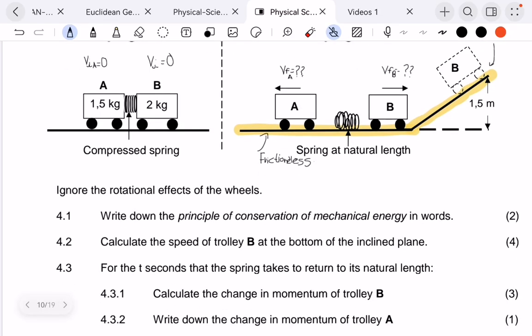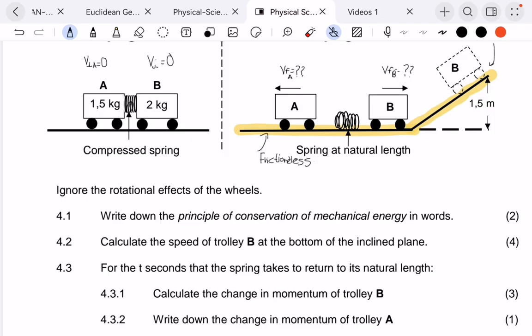So I've understood what is happening. These trolleys are held with the spring, and then they will just let go, and the spring will push these trolleys to opposite sides, and then the spring is going to go back to its normal shape. Trolley A is going to move to the left with an unknown velocity, and trolley B is going to move to the right with an unknown velocity, and then it's going to go up the track and rise to 1.5 meters.